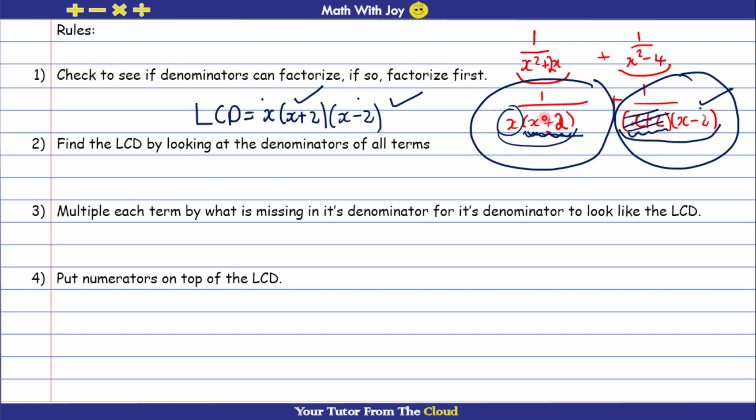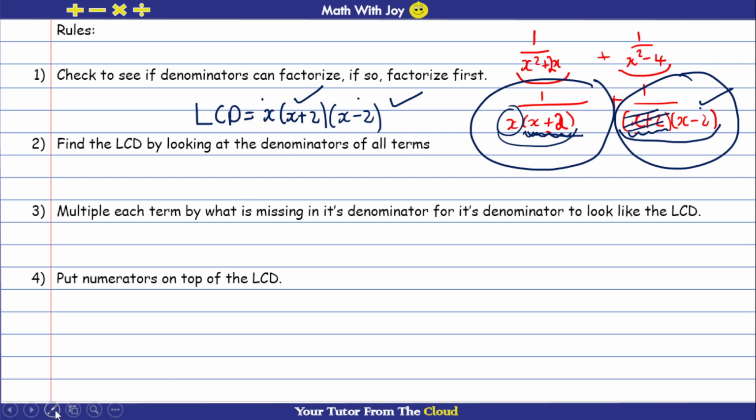But in order for this denominator to look like this LCD, I just need this bracket x minus 2. So I'll multiply this term by that bracket. For this term, I have x plus 2, x minus 2. In order for that denominator to look like the LCD, I need the x, so I'll multiply by the x.